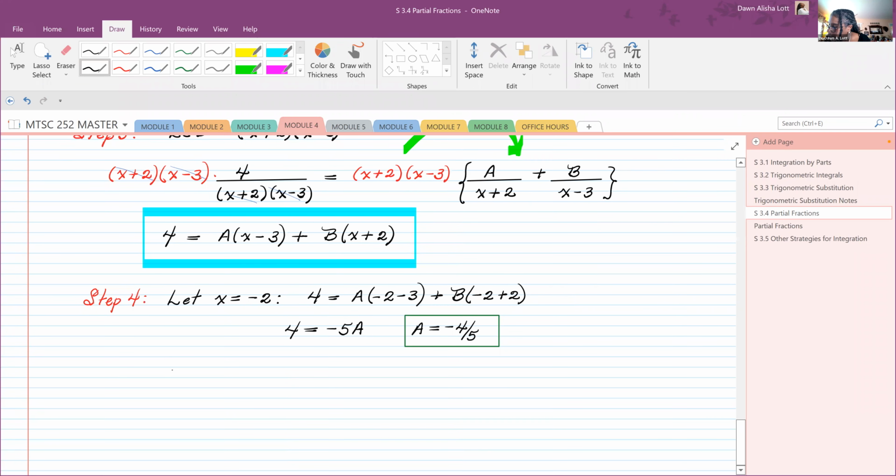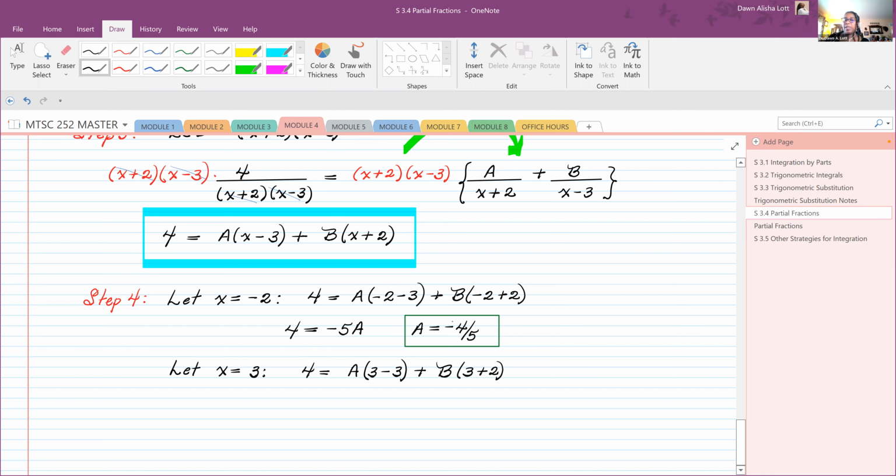Now we're going to let x equal our other root, 3. On the left-hand side, the major equation stays 4. Now I get A times 3 minus 3. Oh, well, that's going to be 0. That's going to be nice. Plus B times 3 plus 2.